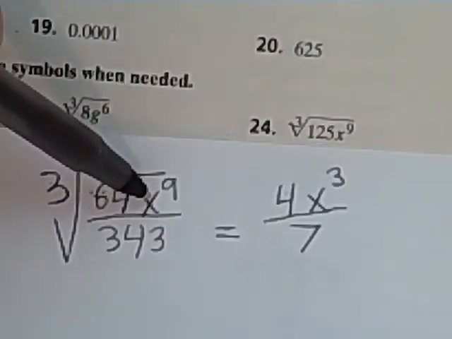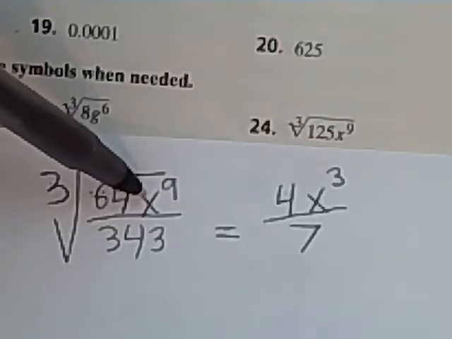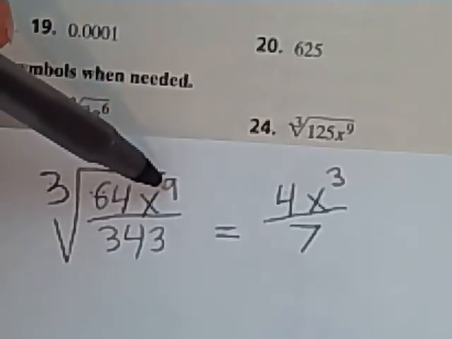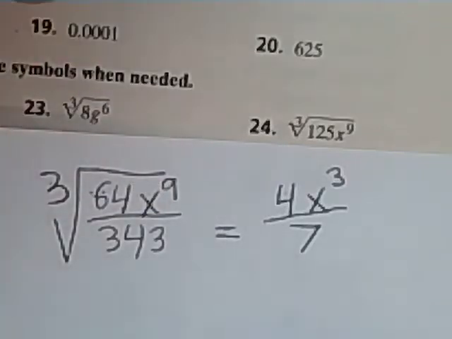And over here, it's an odd power, which means this could also be a negative number when I get done raising it to the ninth power. A negative number to an even power is a positive number. A negative number to an odd power is a negative number.